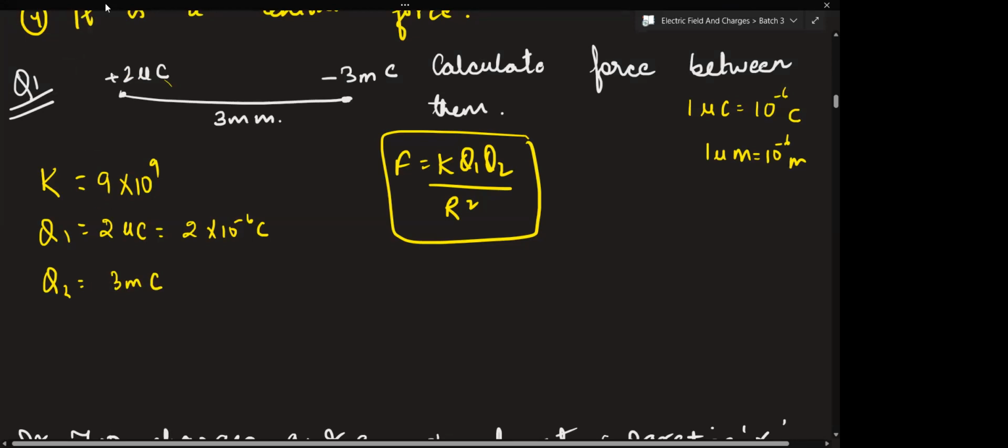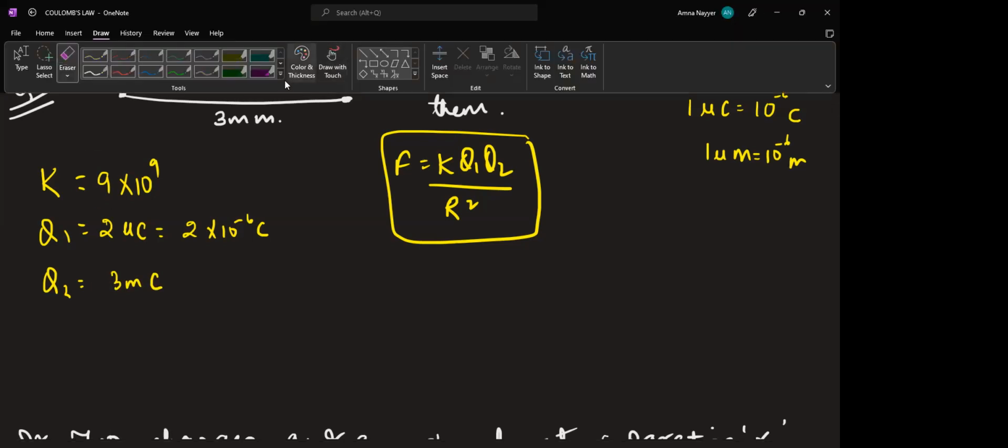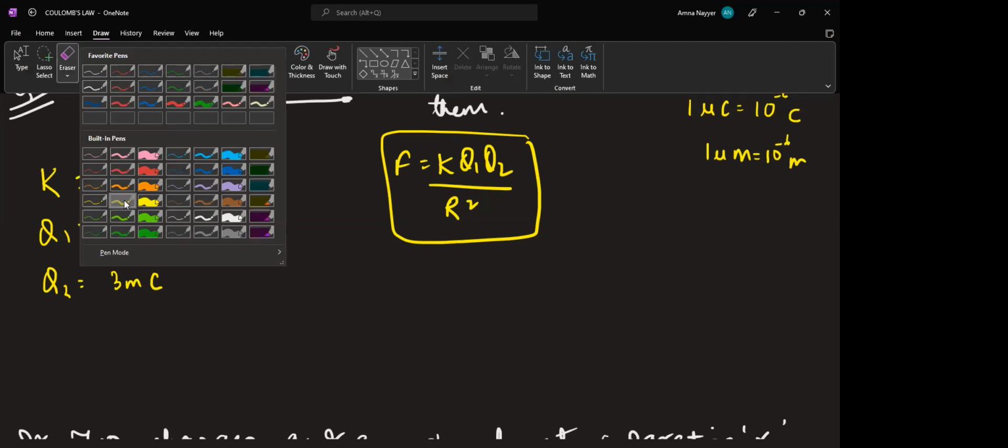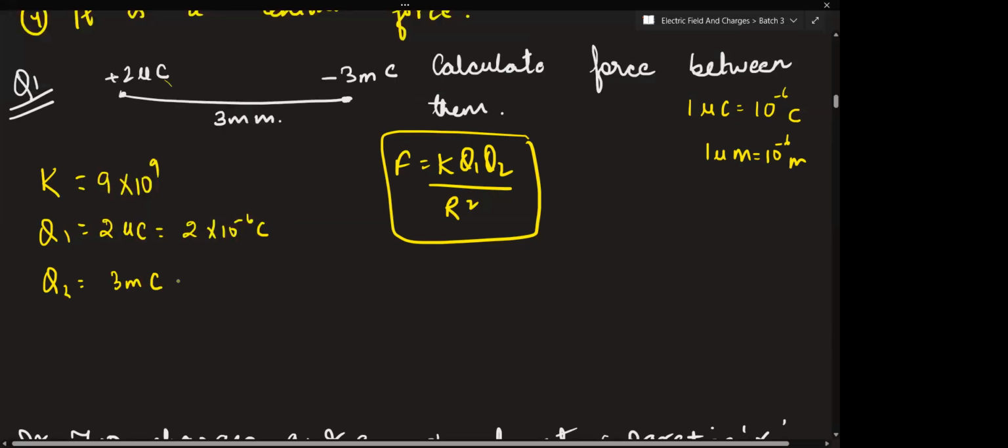So don't consider this minus sign. Even if it is given -3 coulomb, don't utilize it. Just write 3 millicoulombs. Now see, 1 millicoulomb is 10 to the power minus 3 coulombs. If it is 1 millimeter, this is 10 to the power minus 3 meters. So this becomes 3 into 10 to the power minus 3 coulombs.